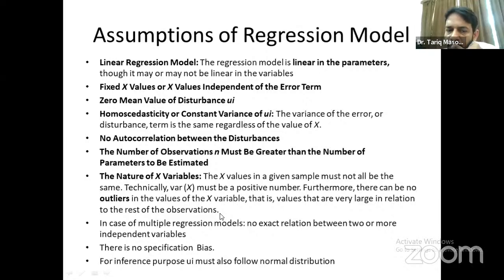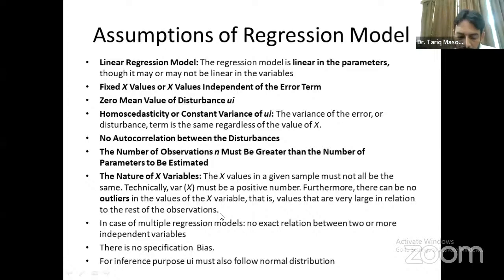In the case of a multiple regression model, multiple regression means we have more than one x, so there are at least two x's or more. In that case, there should not be an exact relationship between two or more independent variables.